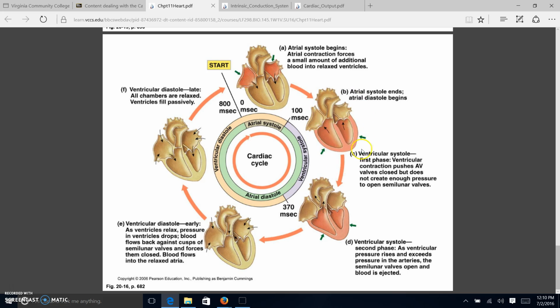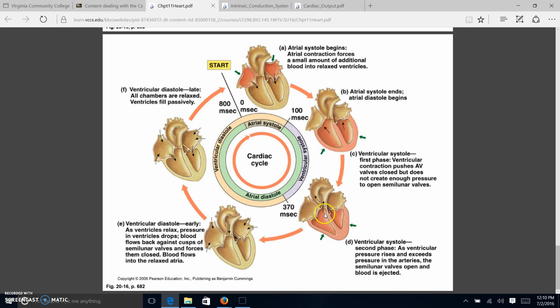In this step, we have closed that valve and this valve, but we haven't squeezed enough to open the valve that's going to take blood through the pulmonary trunk or the aorta. So the next step, the second phase, whereas we call this the first phase of ventricular systole, is that we continue to squeeze. Notice how our chambers are even smaller as we have contractions.